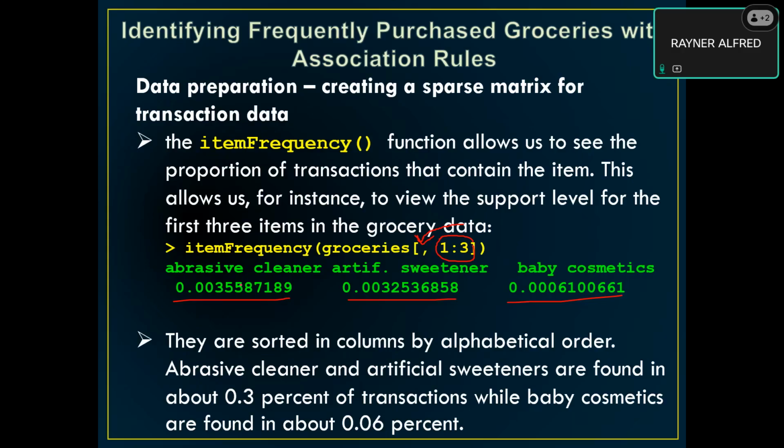So that means abrasive cleaner is the highest frequent item set that we have, at around 0.3% of transactions. Abrasive cleaner and artificial sweetener are found in about 0.3% of transactions. So we can use item frequency to compute the frequency of the items that we have, and over here we specify the first 3 columns.